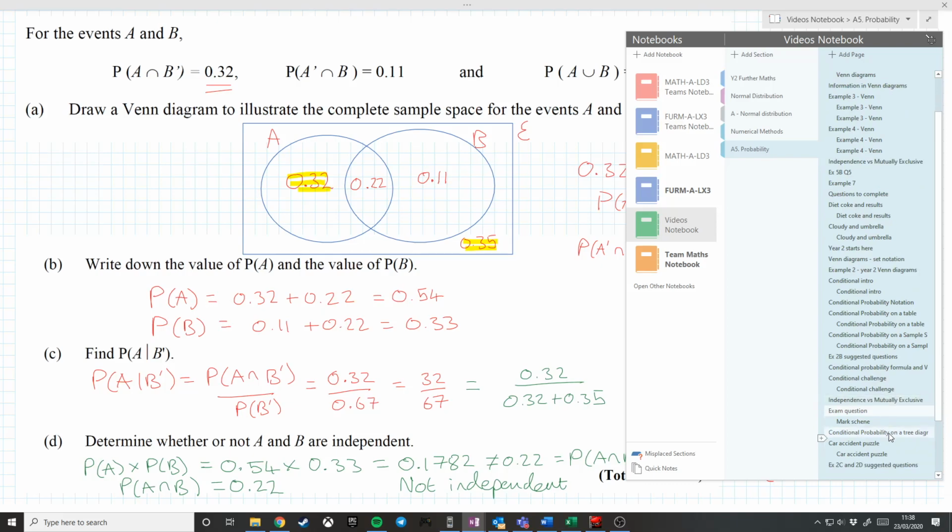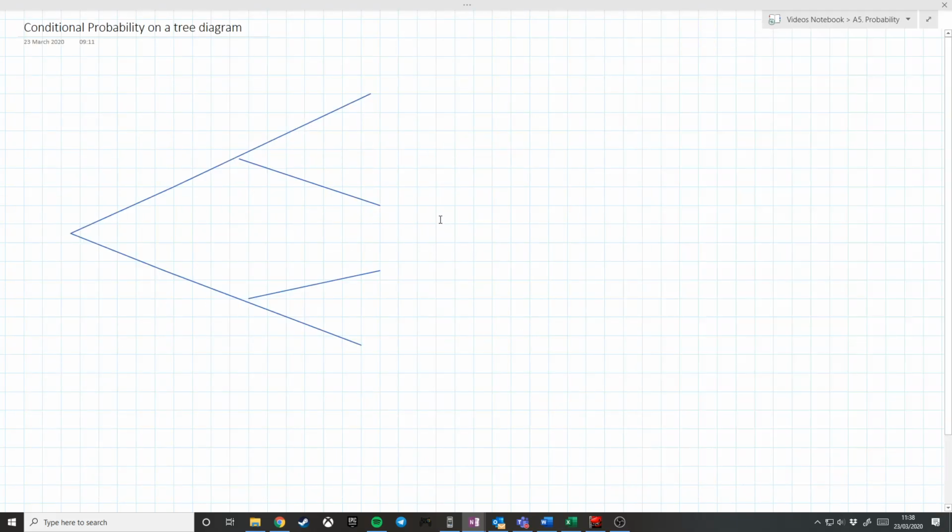So let's move on to another quick thing to talk about, which is on a tree diagram. Tree diagrams are actually pretty easy in terms of conditional probability because you've always been doing conditional probability on a tree diagram. I spoke about this in class as well.